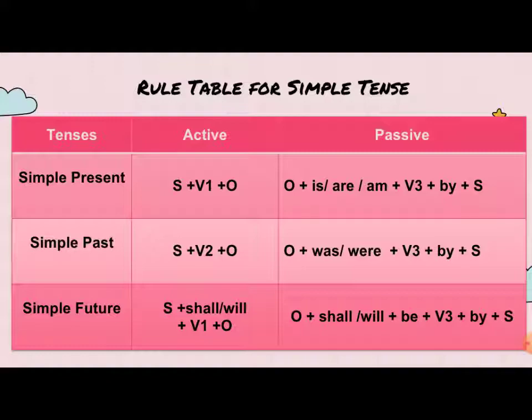And in simple future, we use shall be or will be plus past participle form. I hope you remember these formulas. If you remember, it will be very easy for you when you change the active voice into passive voice.